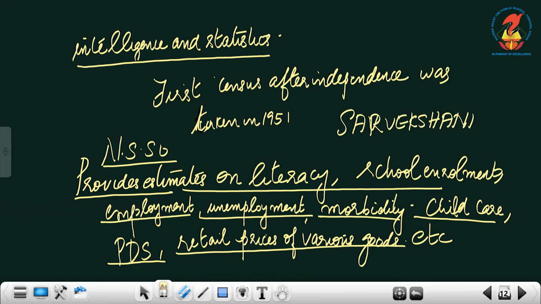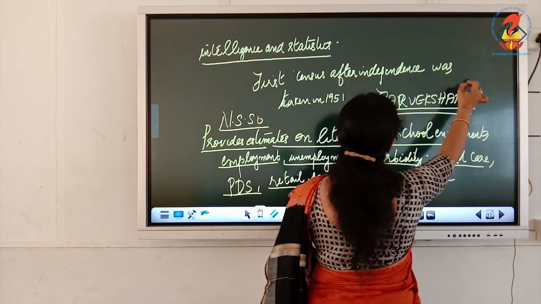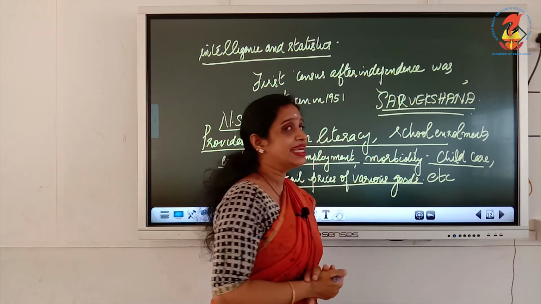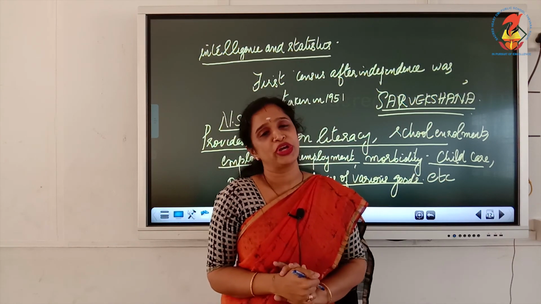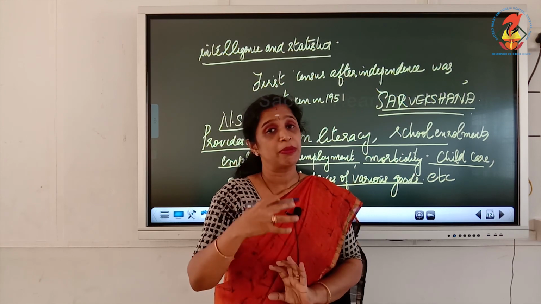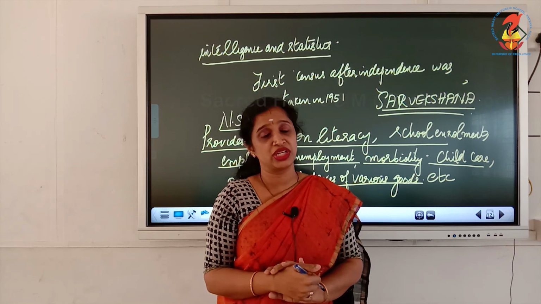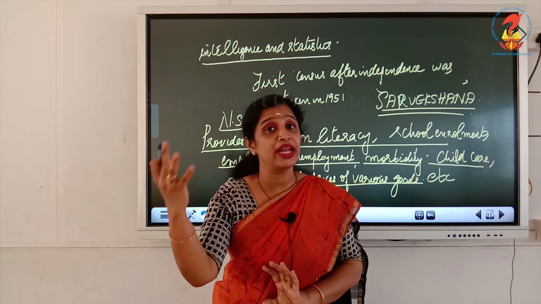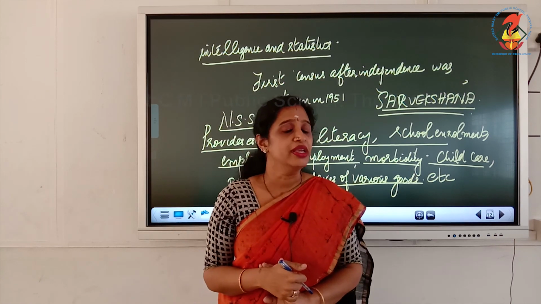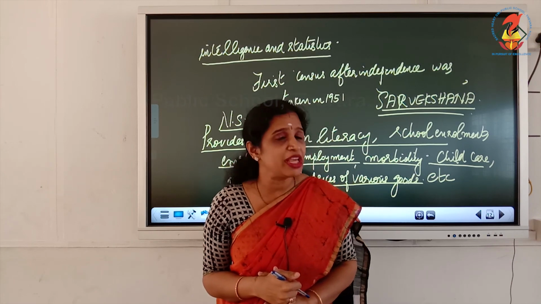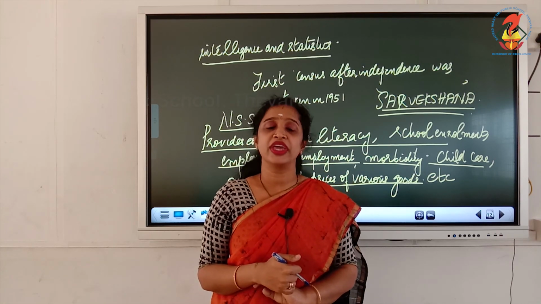This is the journal through which they publish their details. Sarvekshana is important from the examination point of view. And government, for the planning purposes, refers to the census which is submitted by these organizations, especially by National Sample Survey Organization.